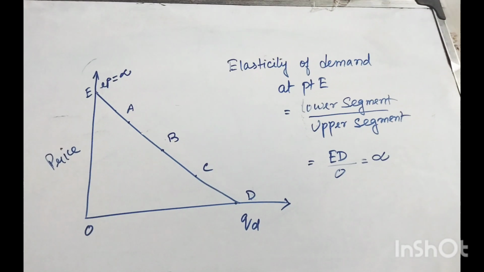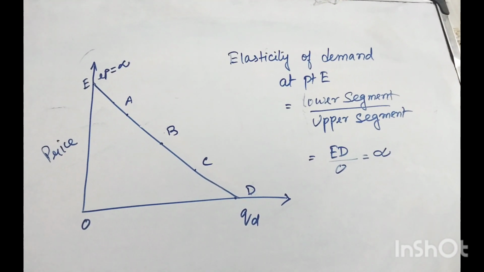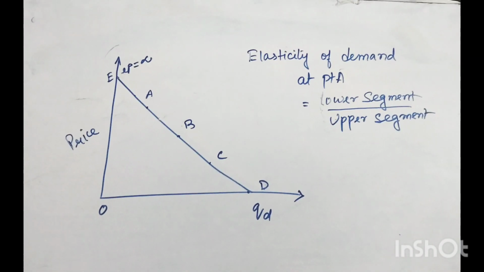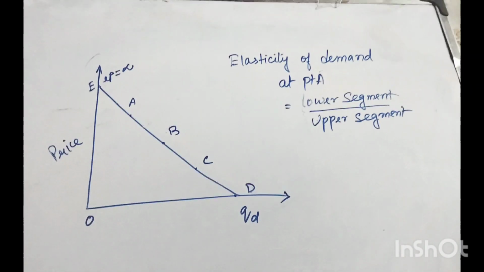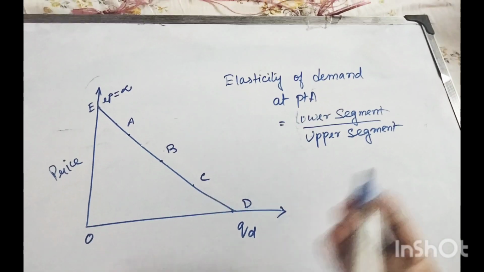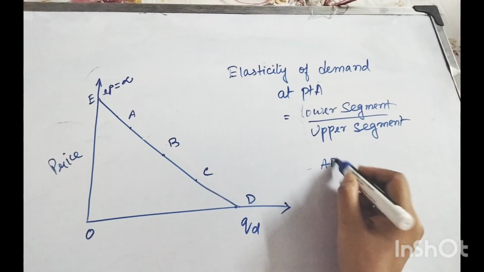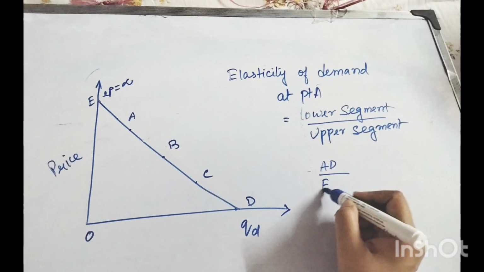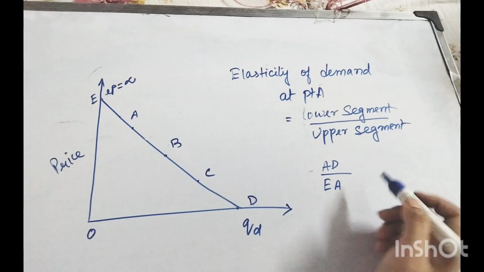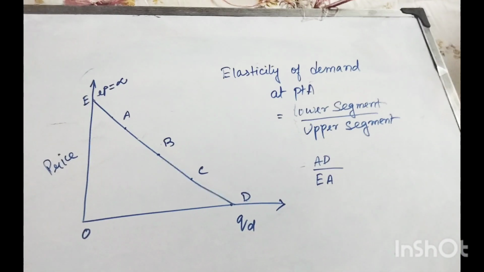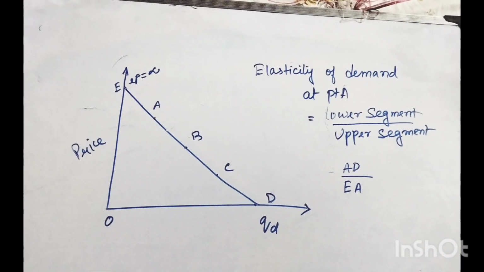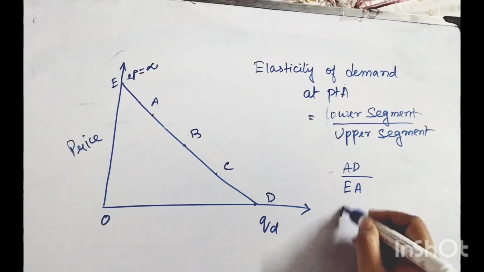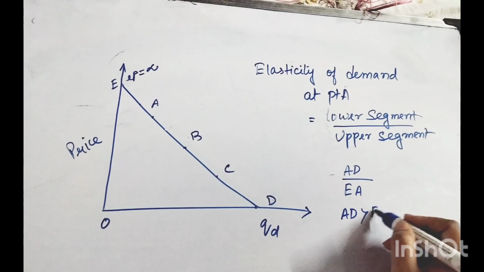Now let us measure the elasticity of demand at point A. What is the lower segment here? AD. What is the upper segment here? EA. We can say that AD is greater than EA.